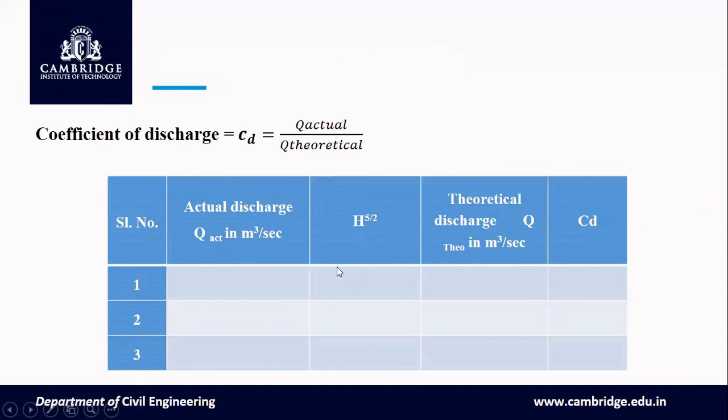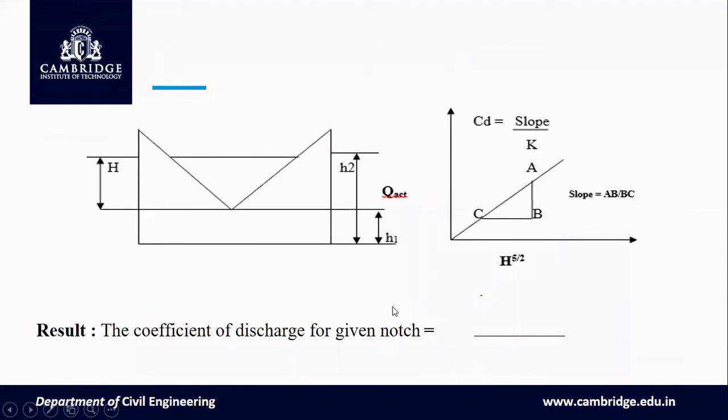If you are going for 3 trials, all values should be tabulated here. Finally, for the result, the coefficient of discharge for a given notch, the average of 3 values will be substituted here. That is analytically how we calculate the CD value.